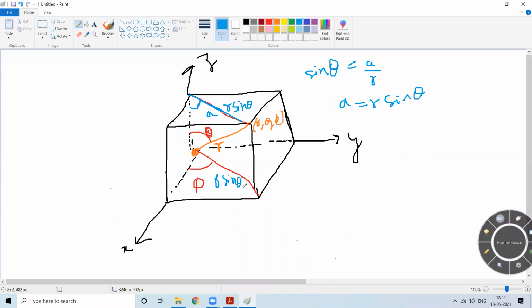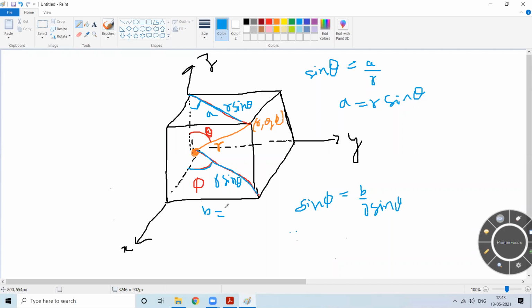Now, any other angle we can measure. If I know that this is r sine theta, and this is angle phi, then if I consider sine phi, and consider this value to be b, sine phi will be given by opposite upon the hypotenuse, that is r sine theta.